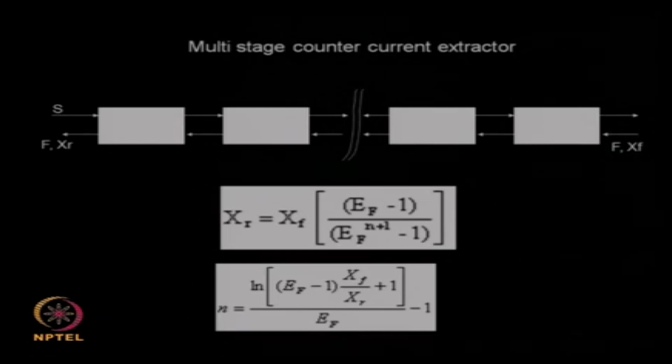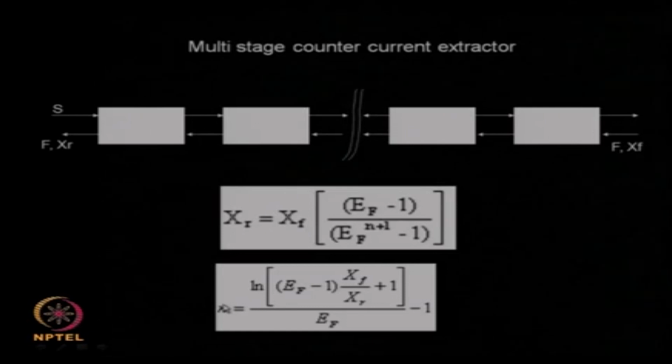So if I say I want to reduce the concentration in the fermentation broth from 10 millimole per liter to 1 millimole per liter using a solvent of so many liters, if I know the K value, how many stages do I require in a counter current extraction system.